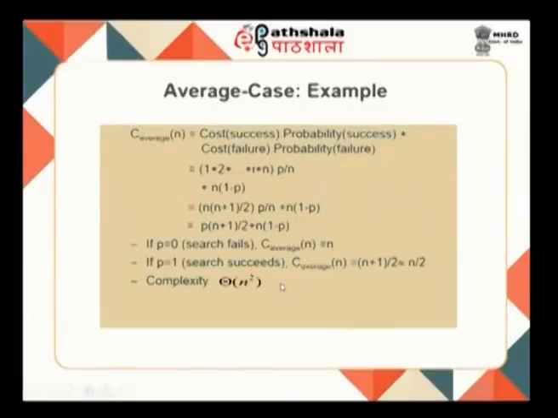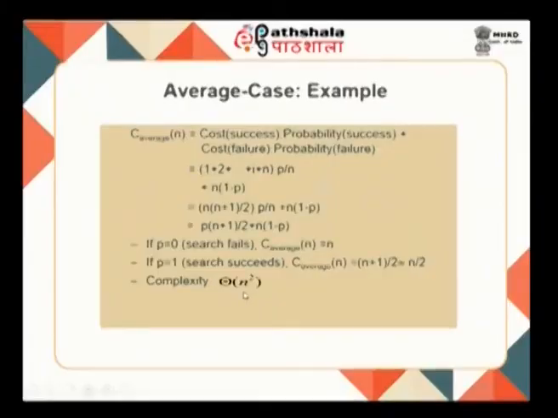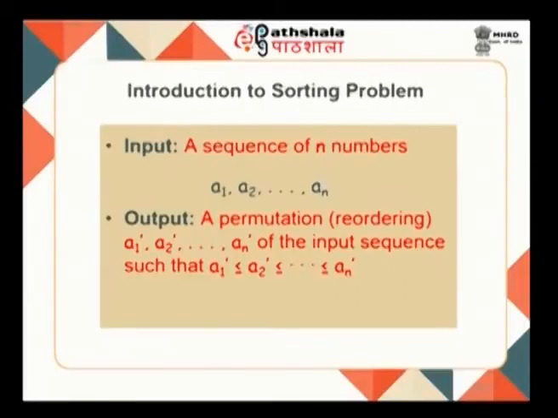In short, the best case analysis is order of 1, the worst case scenario is order of n, and the average case scenario is going to be order of n. Since it can be represented using big O in all the situations, we can easily represent that as theta of n. Okay, so this is what the algorithm is all about.